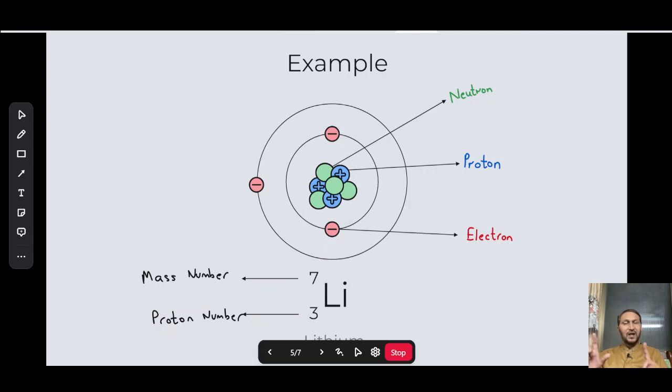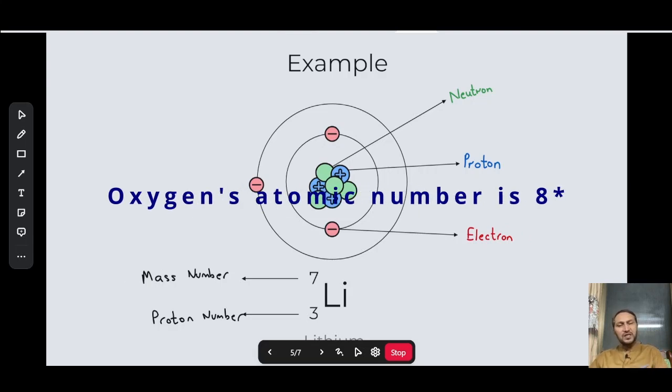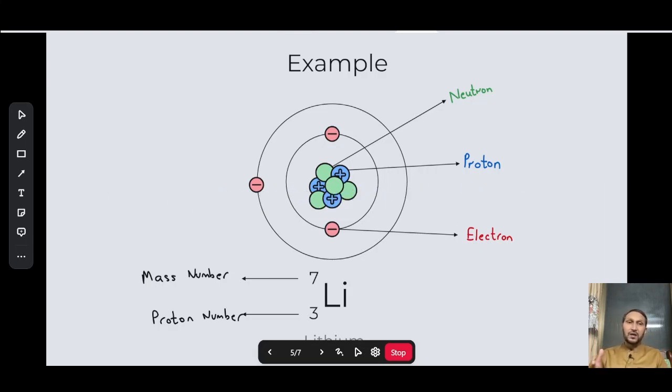If an atom has 3 protons, it has 3 electrons. If an atom has 4 protons, for example beryllium, it will have 4 electrons. Let's take the example of oxygen: its proton number is 8, it means it has 8 protons and 8 electrons, and so on.